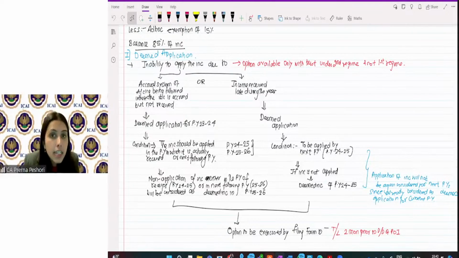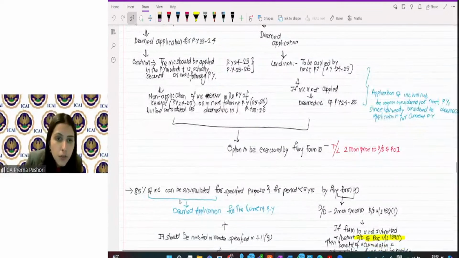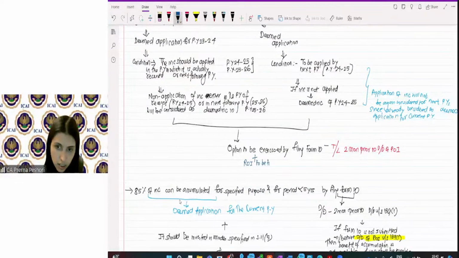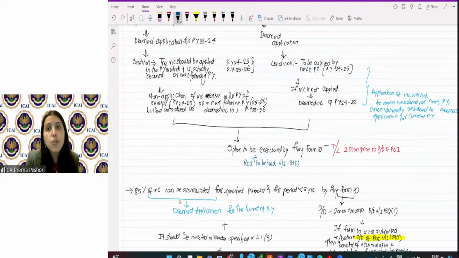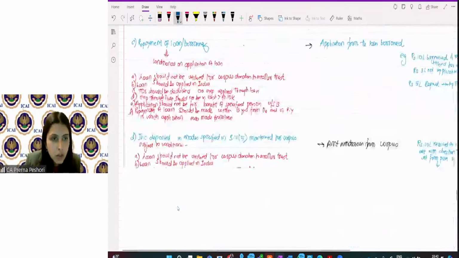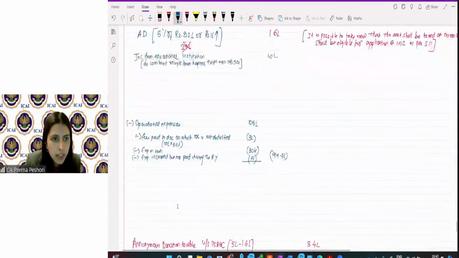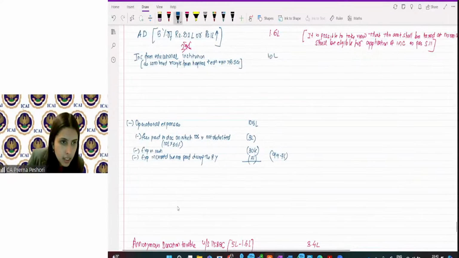Plus, additionally, the return of income has to be filed under section 139(1). So before the due date of 139(1), the return of income has to be filed. Along with Form 10, you will file the return of income. So you can note it like this: less deemed application.